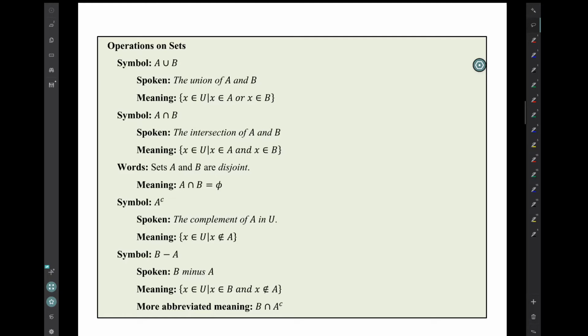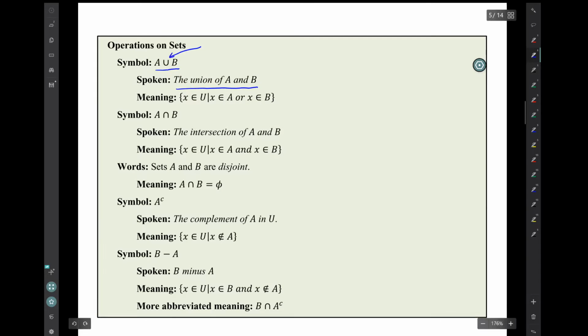We'll be dealing with operations on sets. The first one we'll discuss is the union of sets A and B, denoted by this symbol. This symbol in the middle there is referred to as the cup symbol.